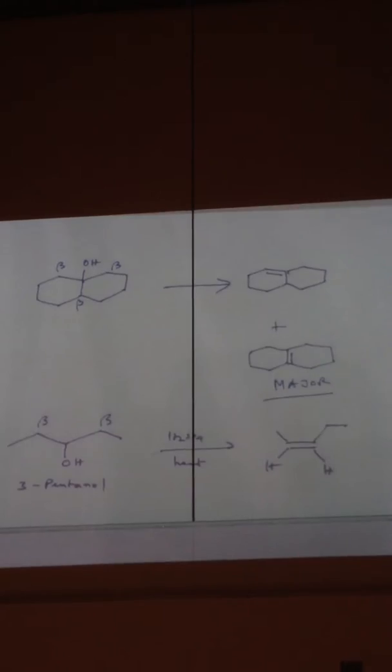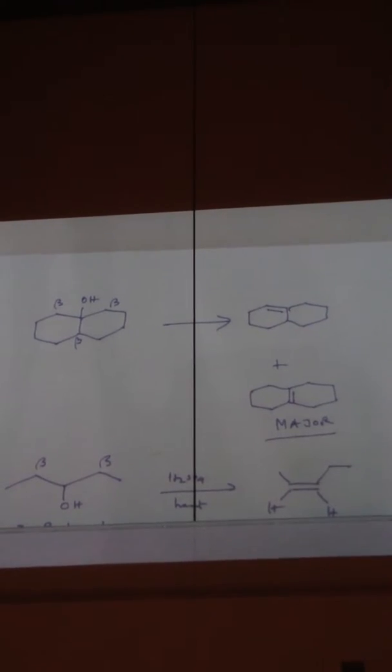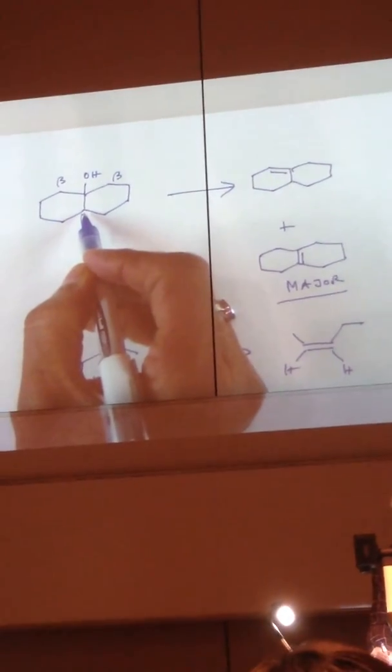What is for the first one on the top? Is it the same hydrogen sulfate need? Major and minor for this cyclohexyl, yeah, there are 3 beta carbons, right? So the heat and the hydrogen sulfate. The major product comes from this one because this one has 1 hydrogen. No, that's not what I'm talking about.